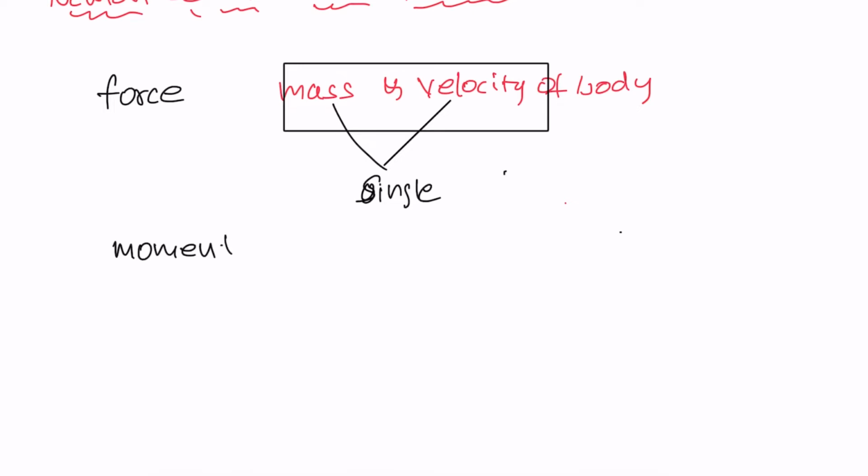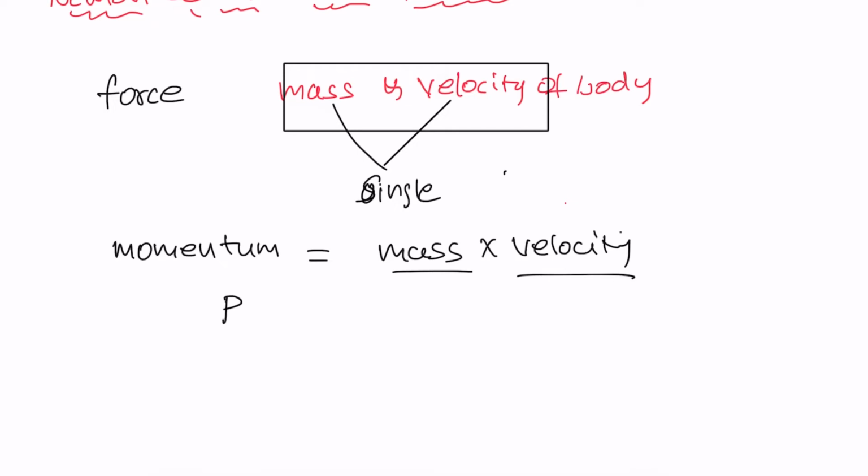So momentum is the combined property of mass and velocity. The definition of momentum is the product of mass and velocity. Momentum is denoted by P. So P is equal to mv.